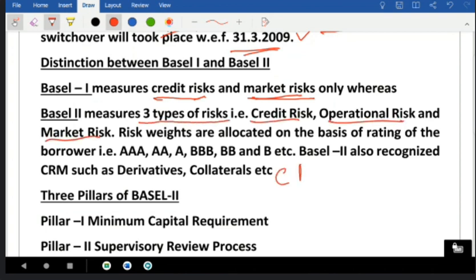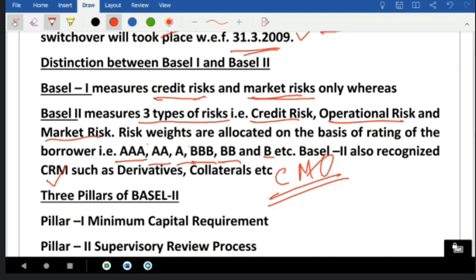Now, as per Basel 2, risk weights are allocated on the basis of the rating of the borrower, that is triple A, double A, single A, triple B, double B, B, etc. Basel 2 also recognizes CRM, credit risk mitigation, such as derivatives and collateral, etc.